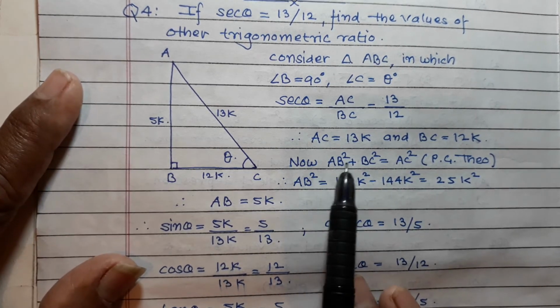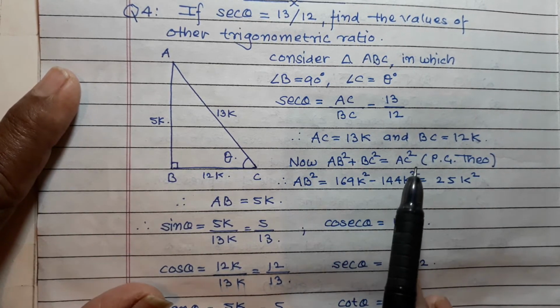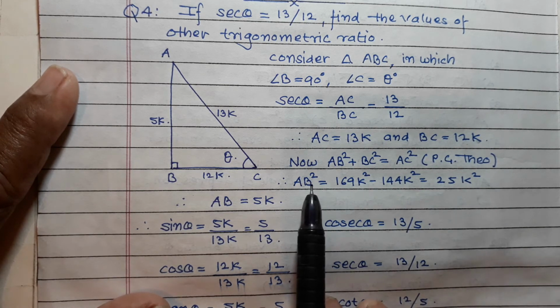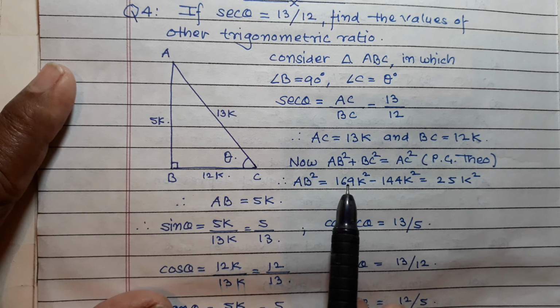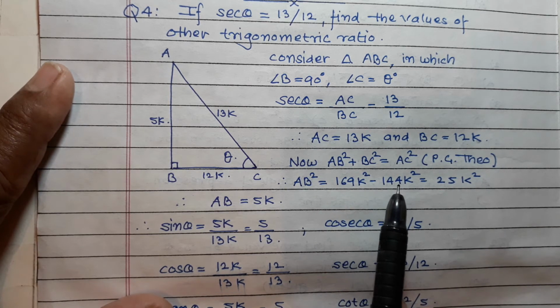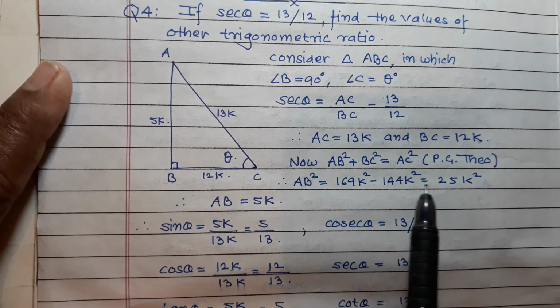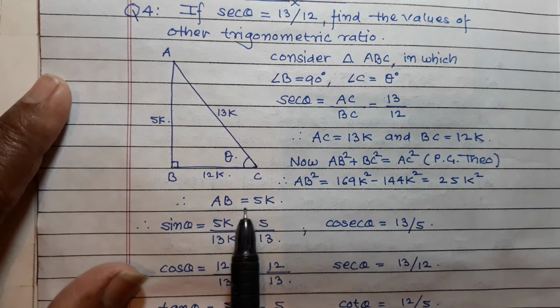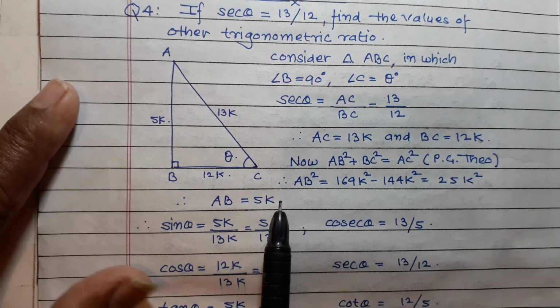And now AB square plus BC square is equal to AC square, Pythagoras theorem, and therefore AB square is equal to 169k square minus 144k square is equal to 25k square, and hence AB is equal to 5k.